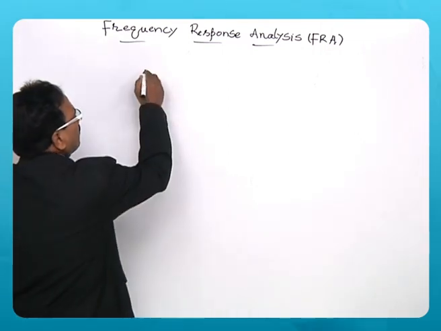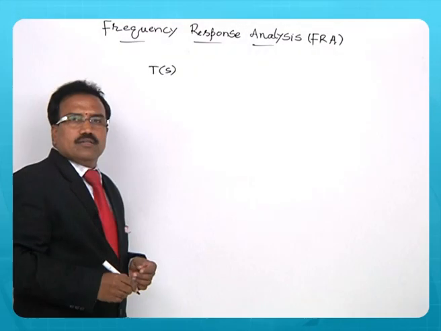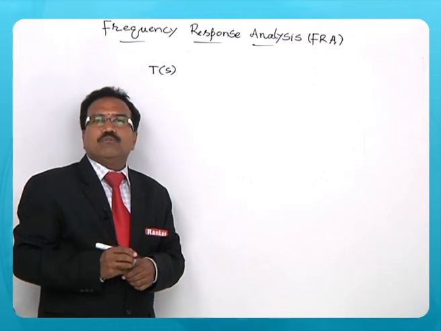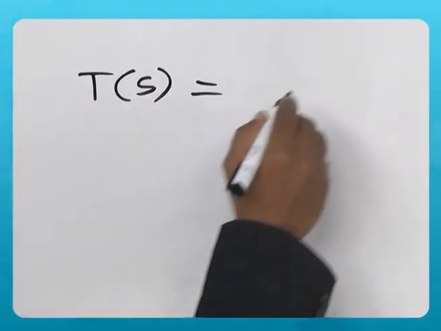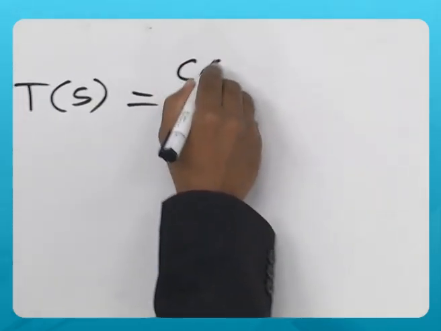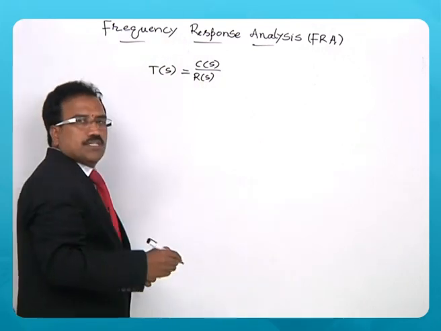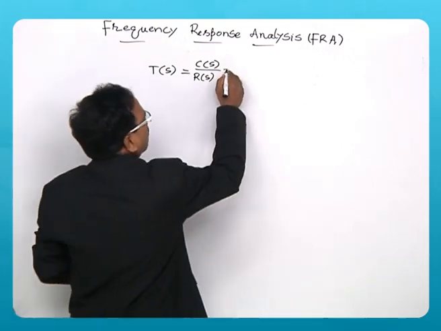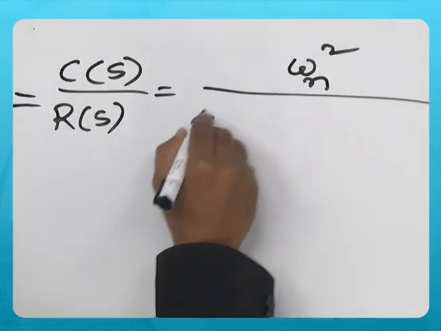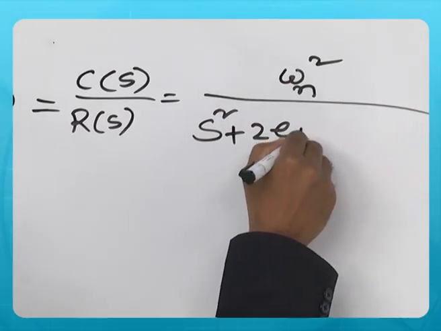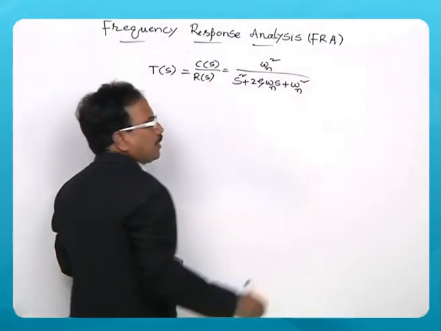As you are aware, the transfer function is the main component used in the time domain approach, and for a standard second order system, the transfer function is nothing but the ratio of Laplace transform of output to the input, given by omega n square by s square plus 2 zeta omega n s plus omega n square.